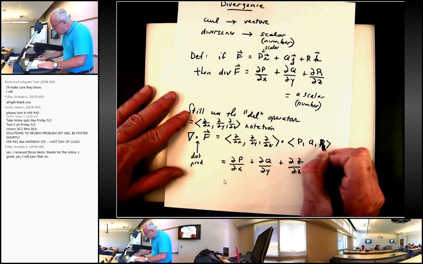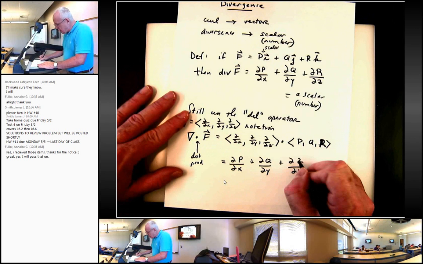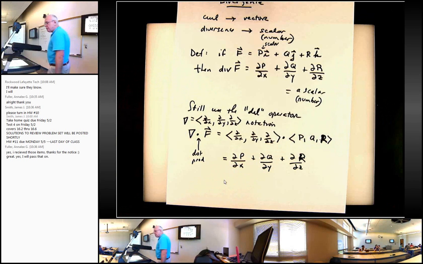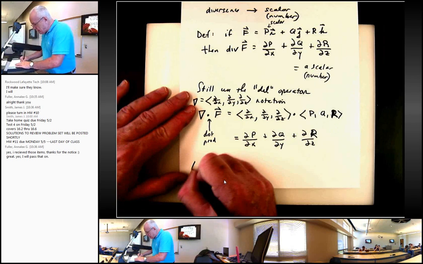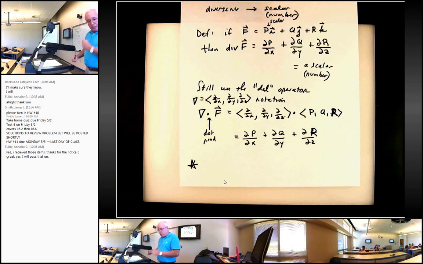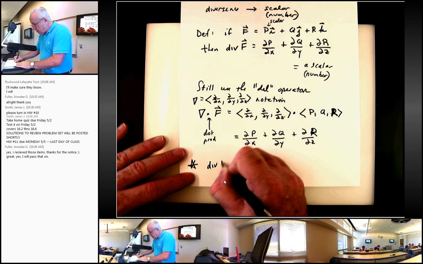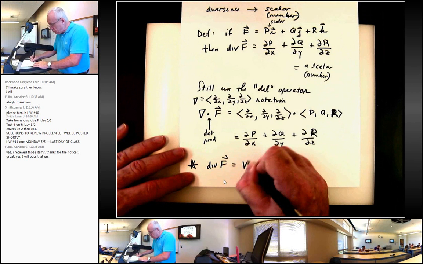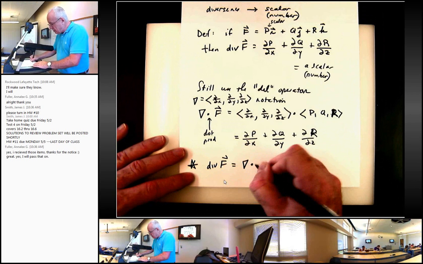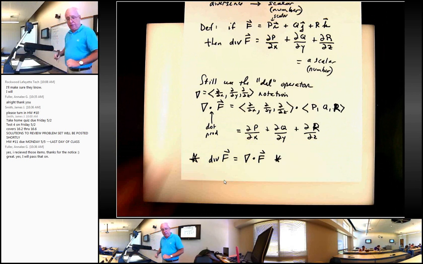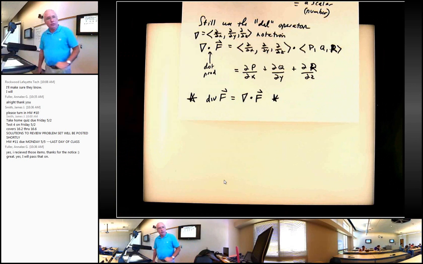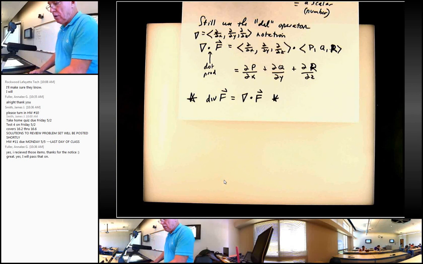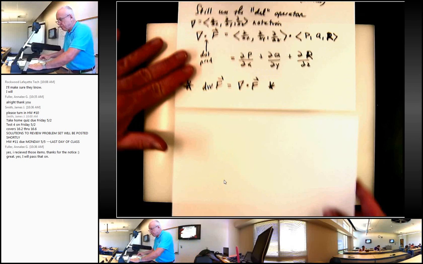That should be an R, not a Z, PQR, ∂R/∂z. Okay, so this is another way of representing the div, so we have this fact: the div of F is equal to the del dot the F vector field. Okay? So you might want to note that down on your paper for the exam.